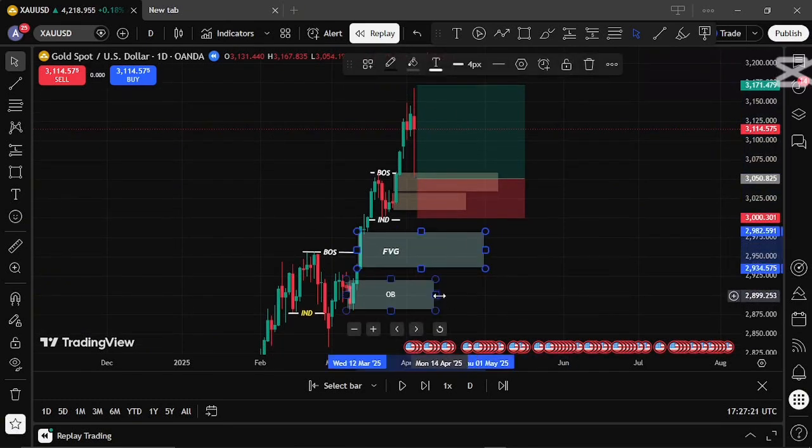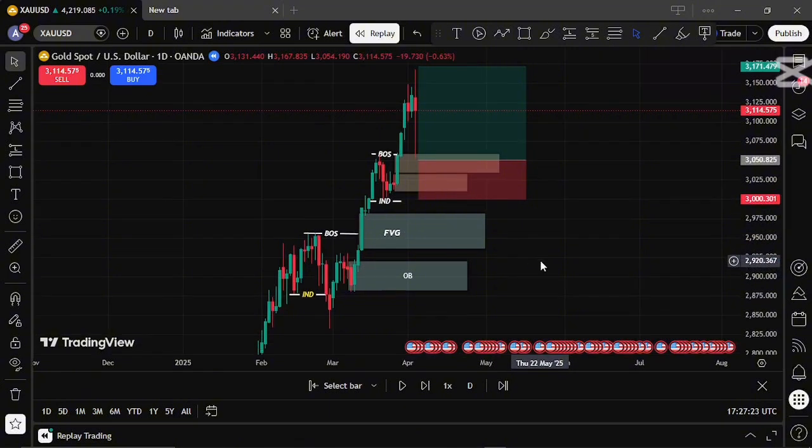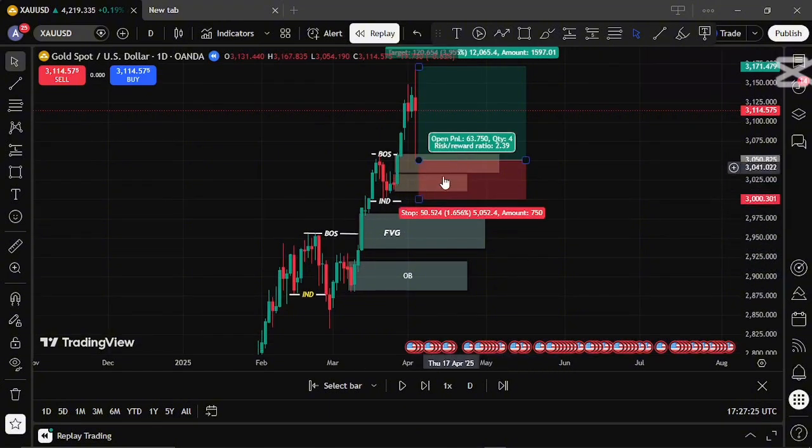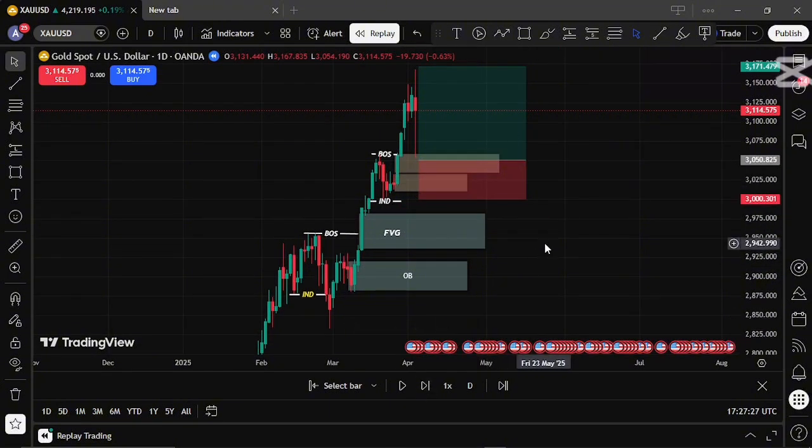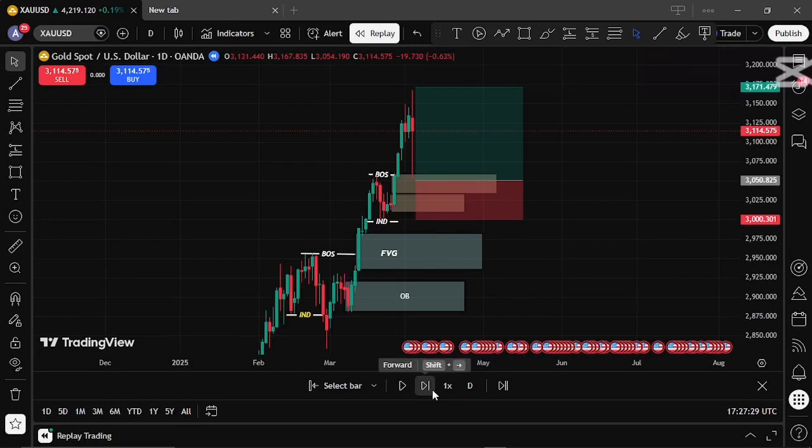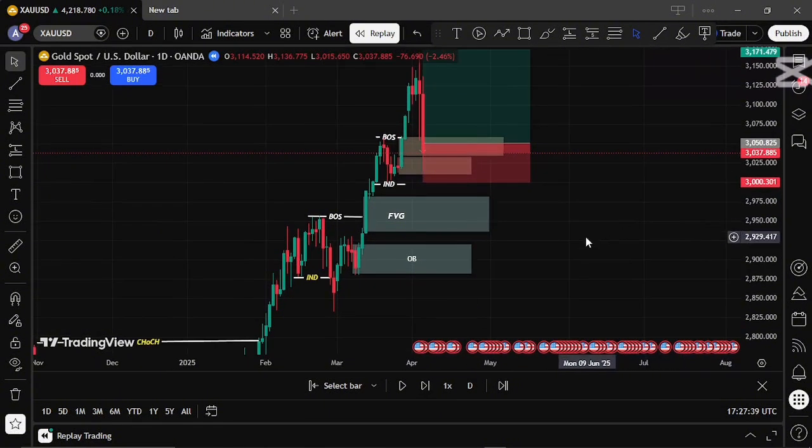Because we know that inducement, liquidity, has to be swept for this move to go up. Remember that liquidity is the fuel of the market. So let's see what happened. We see that now their orders got triggered, okay? But remember, for us, we want to go long from here. We want to go long from actually here.